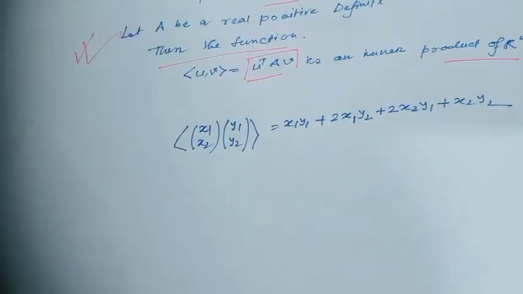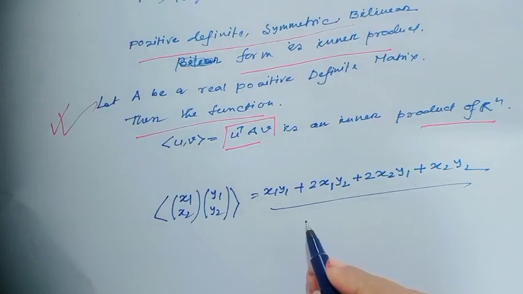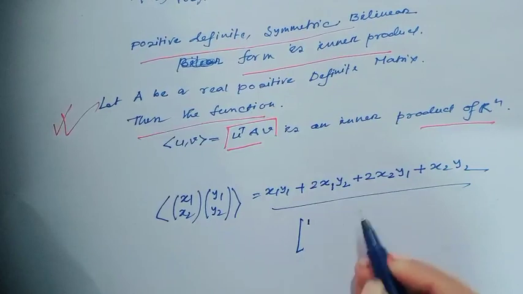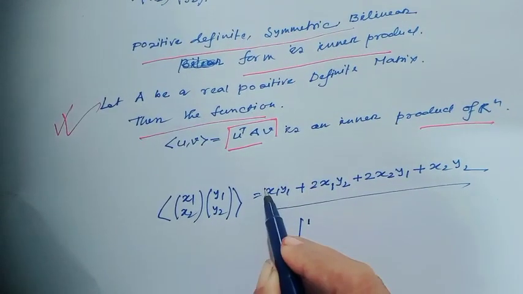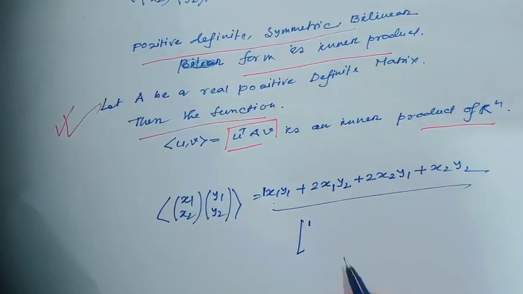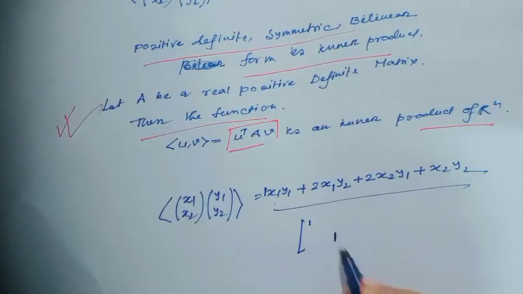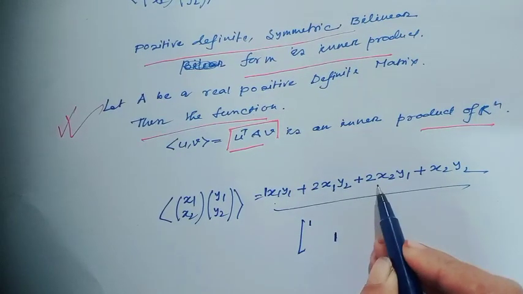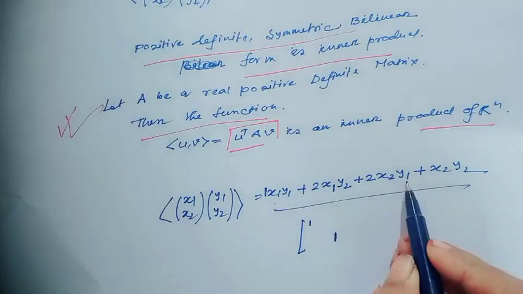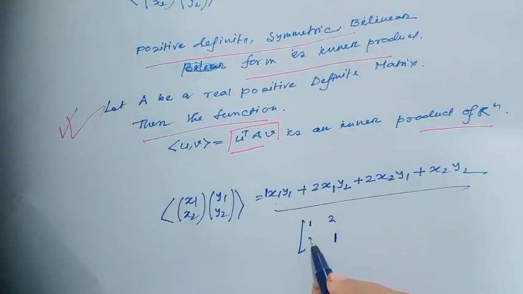From this expression, I will create one symmetric matrix. The coefficient of x1 y1 is 1 and the coefficient of x2 y2 is 1, and the coefficient of x1 y2 and x2 y1 is 2, so here it would be 2.